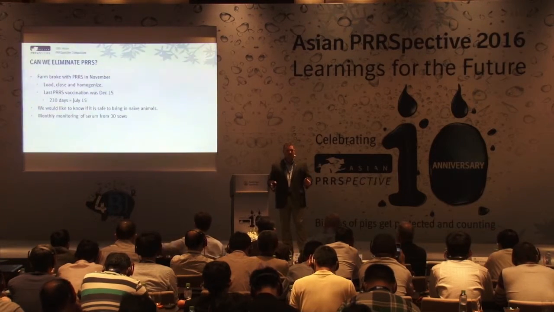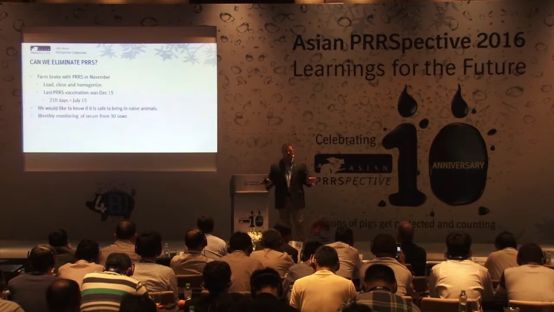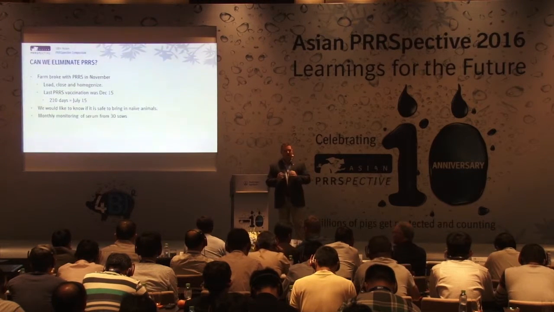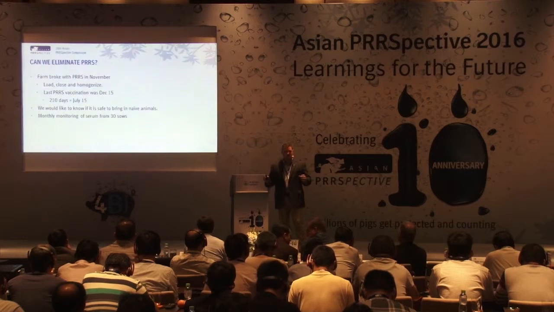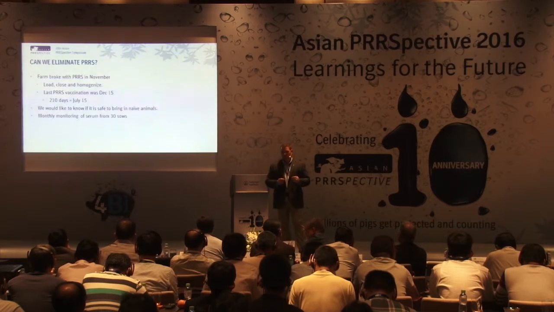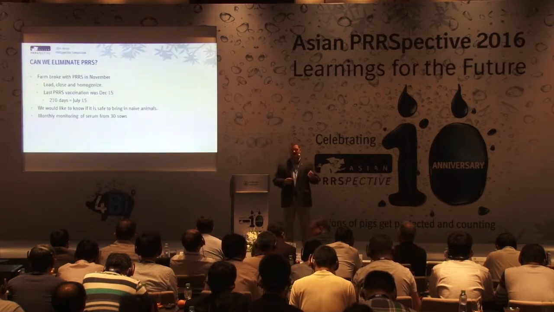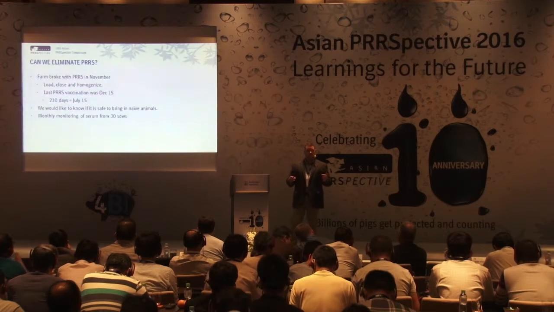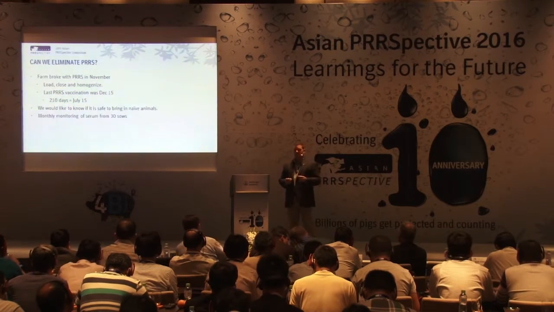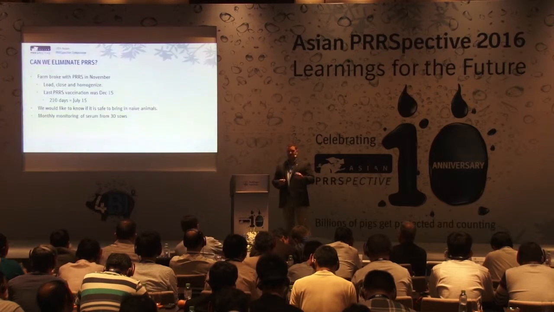Then they closed the herd to new introductions, brought no more animals onto the farm, and they homogenized the immunity by using a modified live vaccine 2 times to all the animals on the farm. Their last PRRS vaccination was given on December 15th, which would make our 210 days, the time when we feel it's safe to start bringing animals in, July 15th of that year.